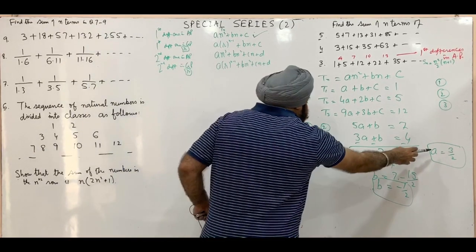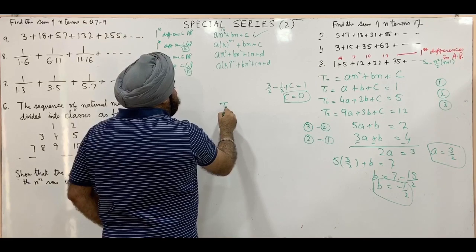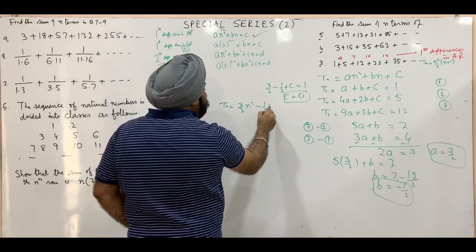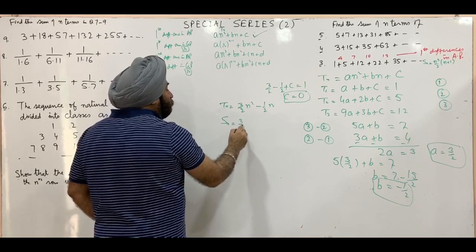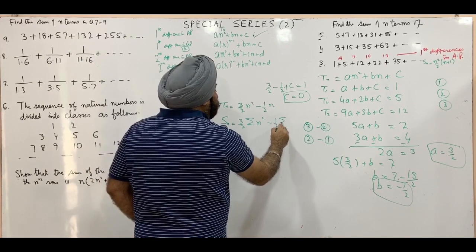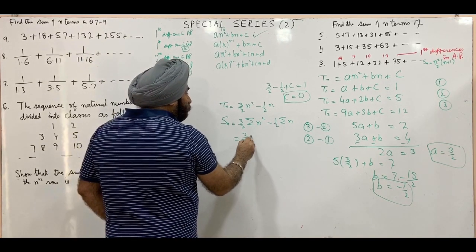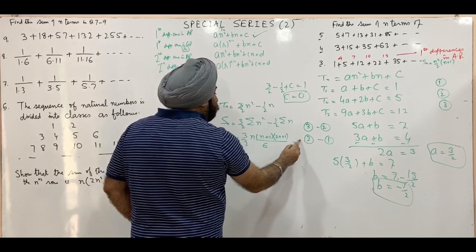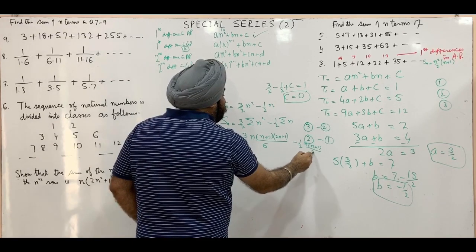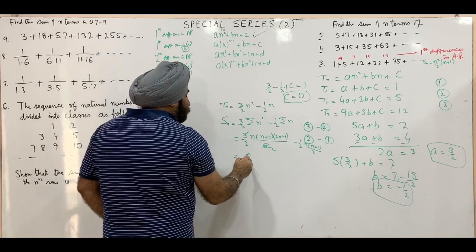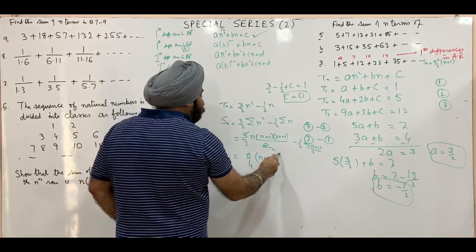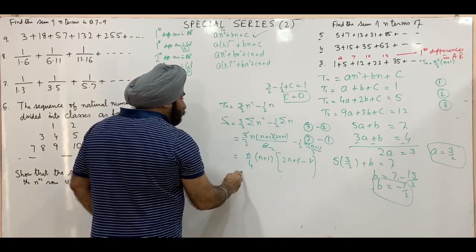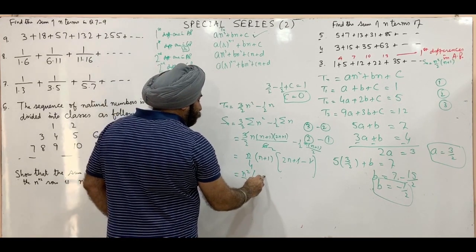So from a, b and c, we can write the nth term as 3 by 2 into n square minus 1 by 2 into n, and Sn as, this will be 3 by 2 sigma n square minus 1 by 2 into sigma n, that's 3 by 2, this n into n plus 1 into 2n plus 1 upon 6 minus n into n plus 1 upon 2. So this is n by 4 into n plus 1, inside 2n plus 1 and minus 1, that's n square by 2 into n plus 1.